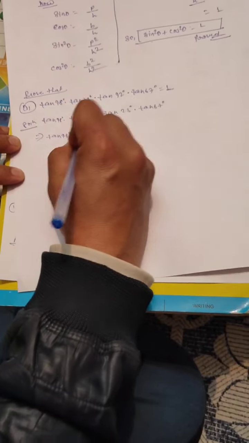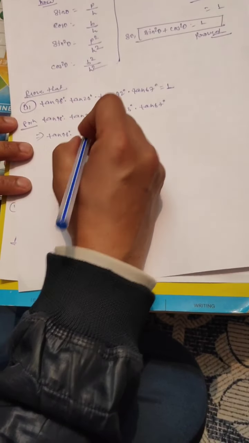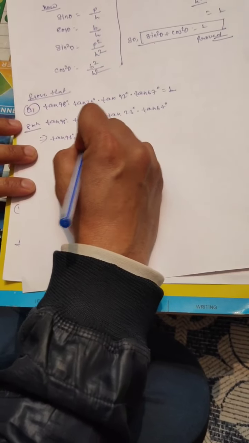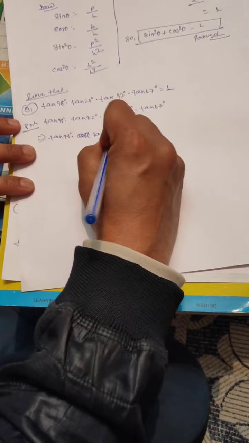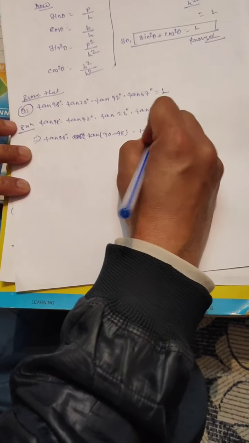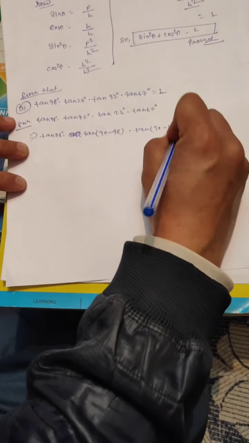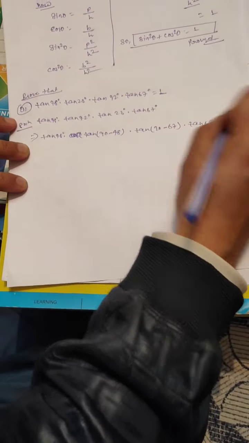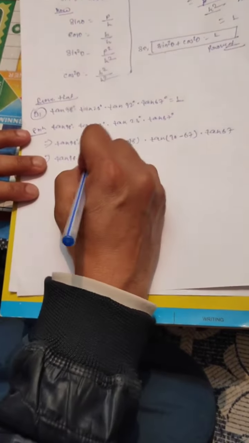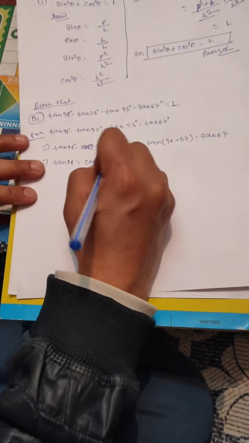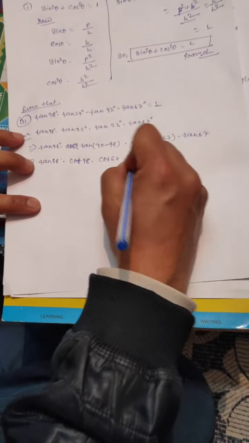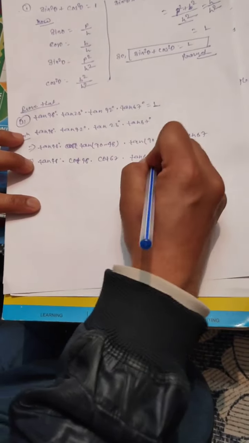Tan 42 is written as cot, that is tan 90 minus 48, and tan 23 is tan 90 minus 67. So the expression equals tan 48 into tan 90 minus 48, which is cot 48, into tan 90 minus 67, which is cot 67, into tan 67.